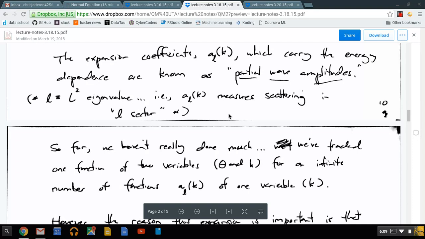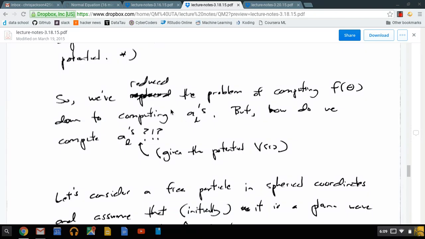So we've reduced the problem of computing the scattering amplitude down to computing these A sub L's, and we've seen that we only have to compute a few of them, hopefully, in low energy experiments, which is what we're interested in at the time.